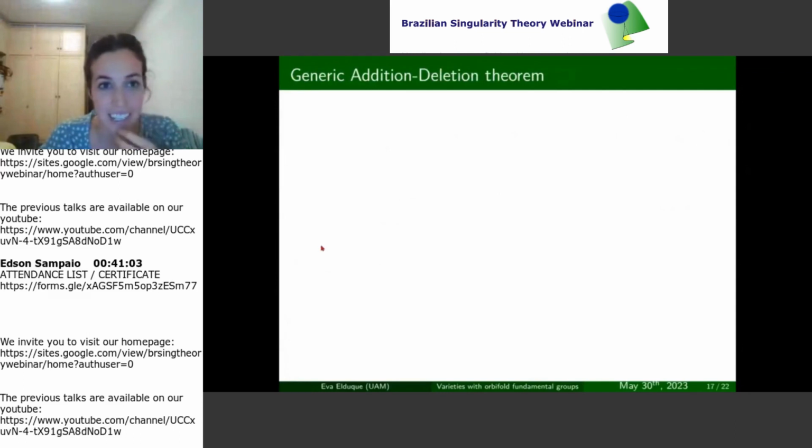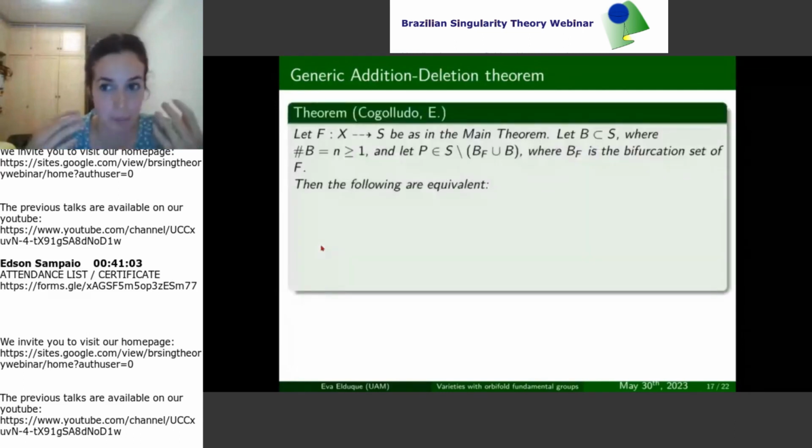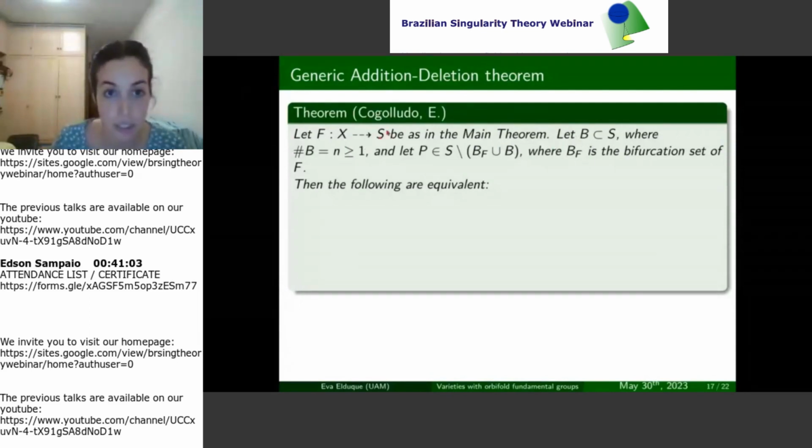And the answer is this behaves pretty well generically with respect to addition and deletion. So if you have a map as in the main theorem, so surjective, connected fibers, and you have a subset in the Riemann surface with more than one point, and you take a point which is not in that set, but also not in the bifurcation set of F, so the fiber above P is a generic fiber, then the following are equivalent.